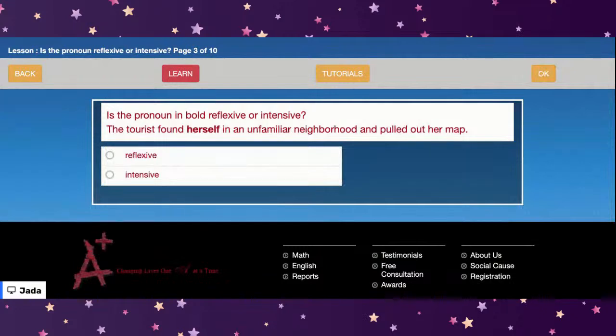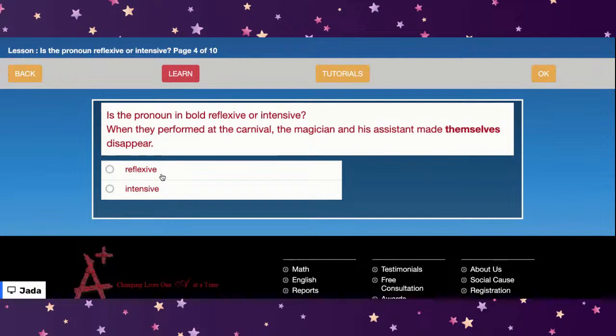The tourist found herself in an unfamiliar neighborhood and pulled out her map. So what is the right answer here? What would be our right answer? So reflexive here is the correct answer for us.